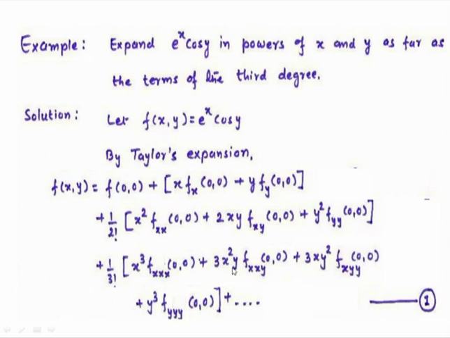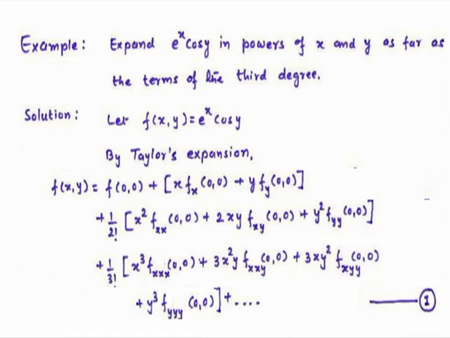This is 3x square y into 2 times partial derivative with respect to x and 1 time partial derivative with respect to y. So fxxy and plus 3xy square into fxyy at (0,0) plus y cube into fyyy at point (0,0) and so on. This is denoted as equation number 1.